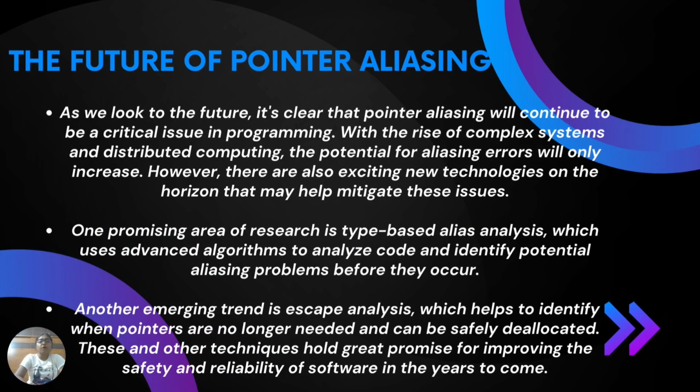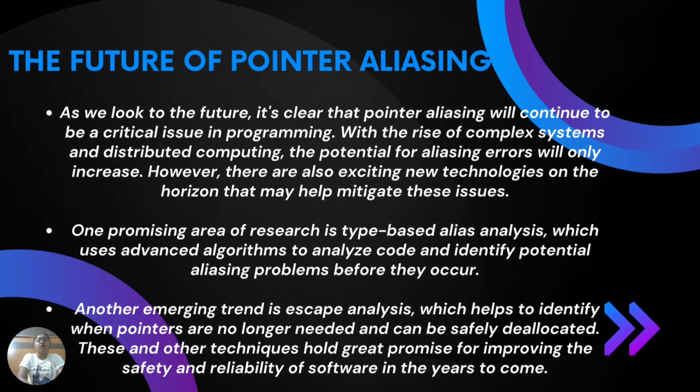The future of pointer aliasing. As we look to the future, it is clear that pointer aliasing will continue to be a crucial issue in programming. With the rise of complex systems and distributed computing, the potential for aliasing errors will only increase. However, there are also exciting new technologies on the horizon that may help to mitigate these issues.